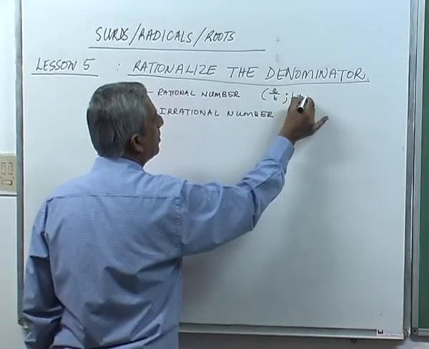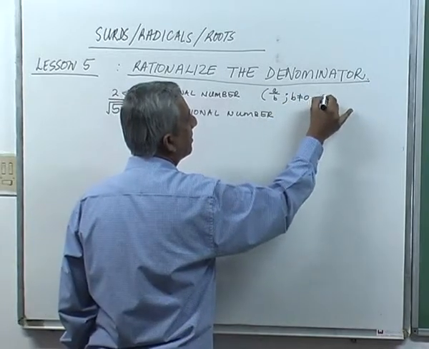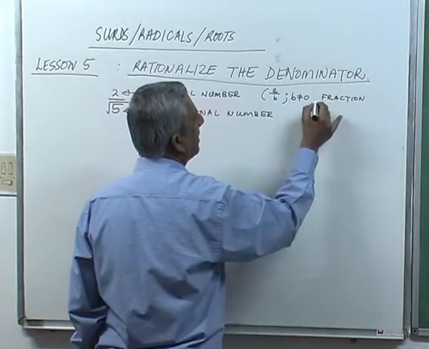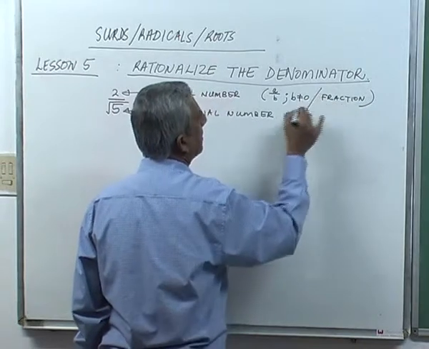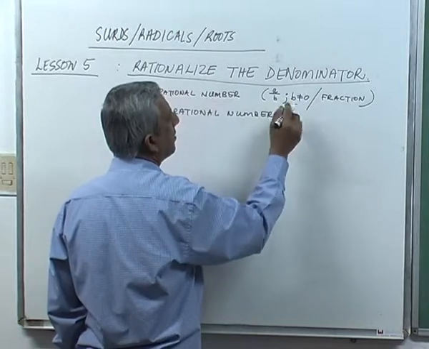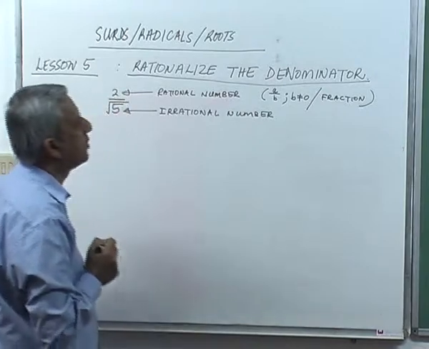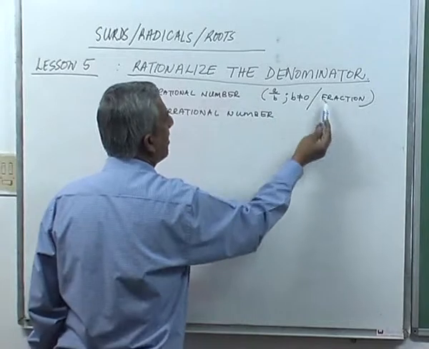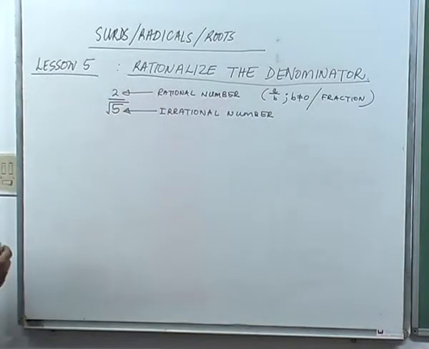B is not equal to 0. In other words, it can be written as a fraction. Right? So it's A over B, and B is not equal to 0, and A and B are any 2 integers. Or to put it simply, a rational number is a number which can be written as a common fraction. For example, 2 is 2 over 1.